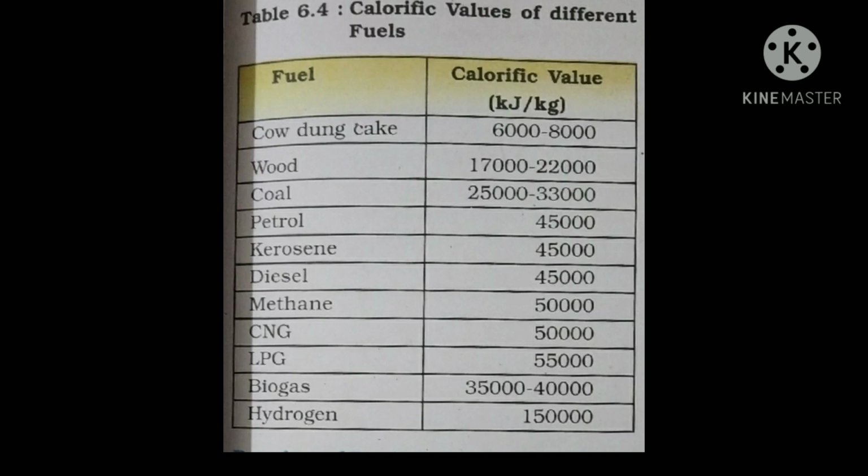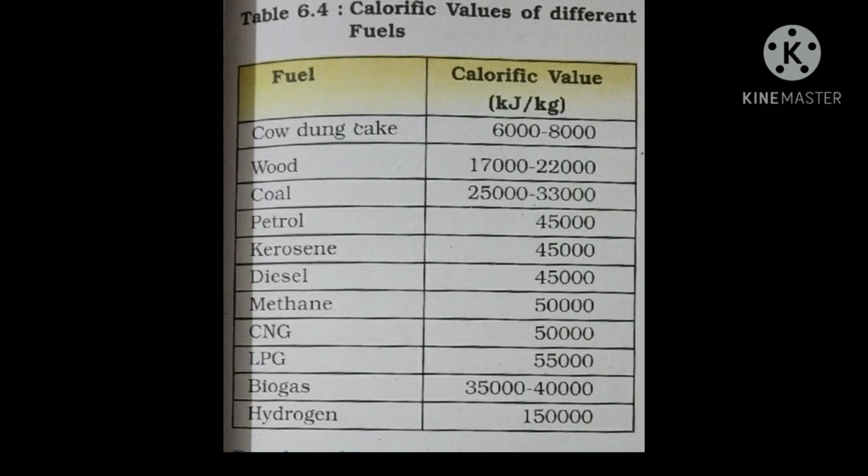Now wood: the calorific value is 17,000 to 22,000 kilojoule per kilogram. Likewise coal, 25,000 to 33,000. Likewise petrol, kerosene, diesel, methane, CNG, LPG, biogas and hydrogen are also given in your textbook, isn't it?